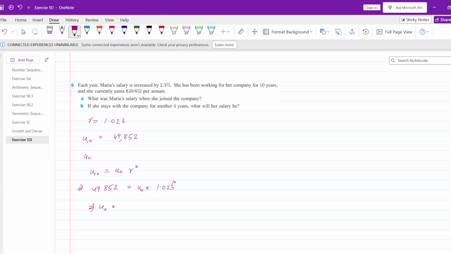So U0 is 49,852 divided by 1.023 raised to the power 10, which is 39,712. And that is approximate, this many euros per annum.